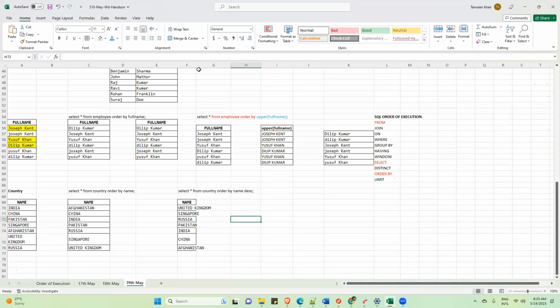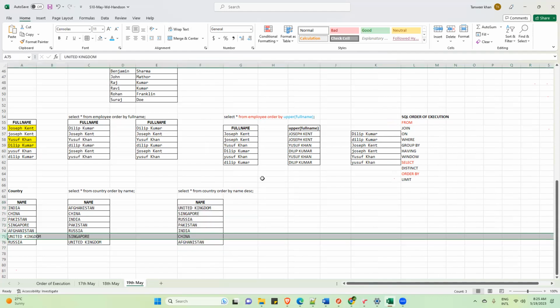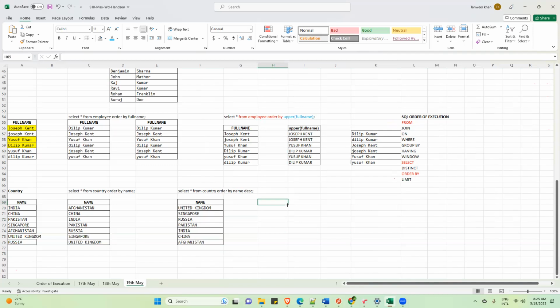Now my question is, I want to sort data in such a way that India should be displayed at the top. Is my question clear? Now tell me, should I use ascending or descending?